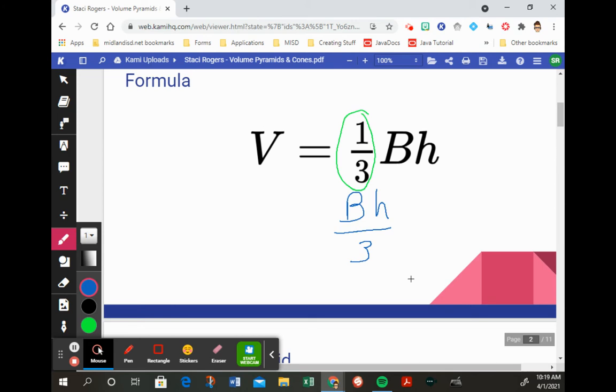So B times H divided by 3. That's easier to put in the calculator. And we talked about B yesterday being the area of the base, and H is the height of the figure.